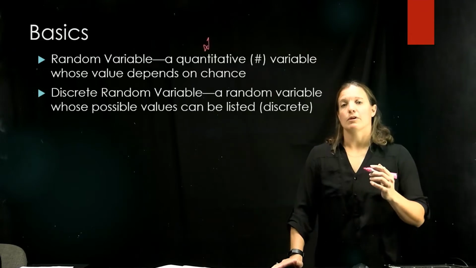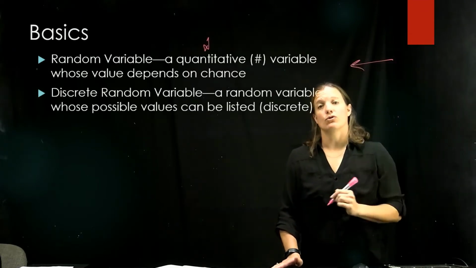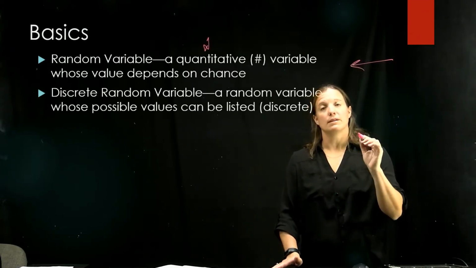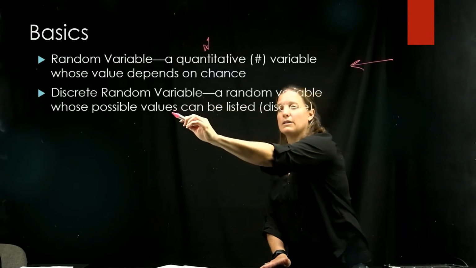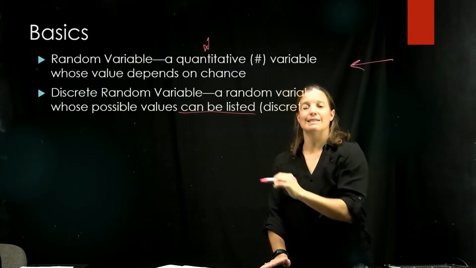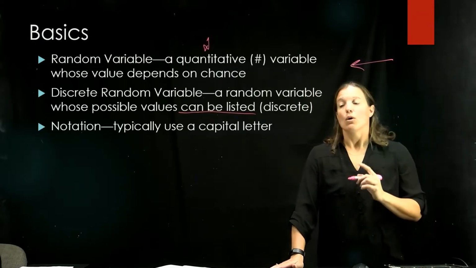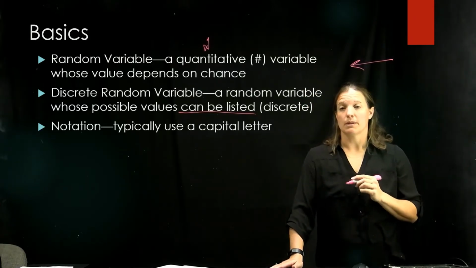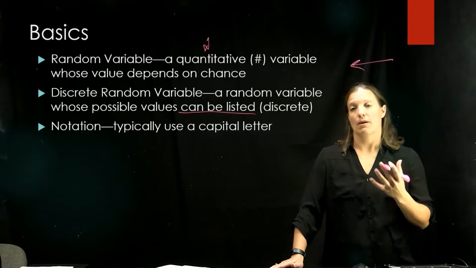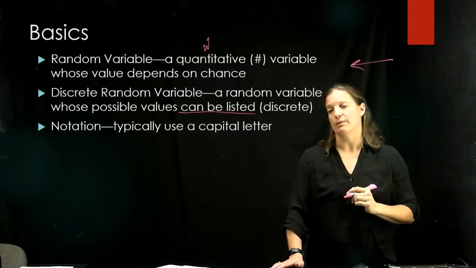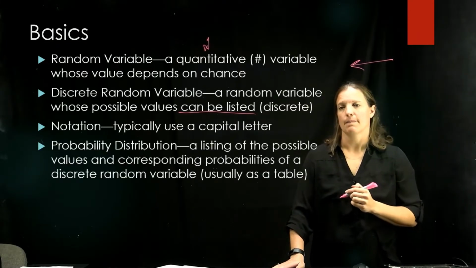Now, a discrete random variable still has all the traits of a random variable, but the difference is that all possible values can be listed, which is what makes it discrete. With the notation, we're typically going to be using capital letters to represent our discrete random variables, and I'll show you that in just a second.